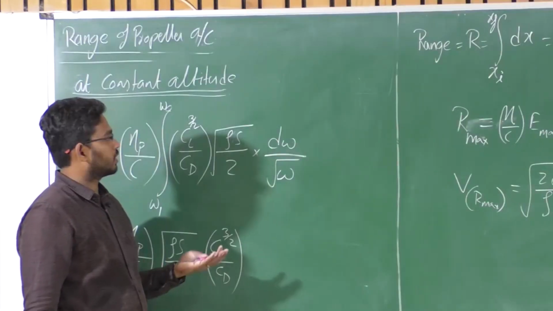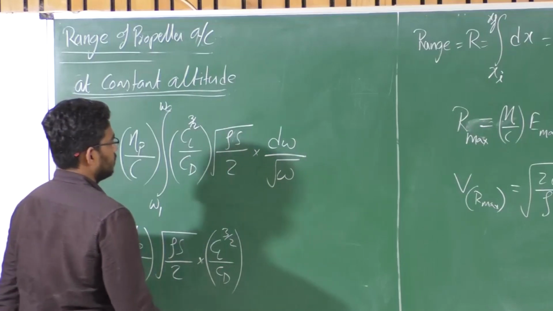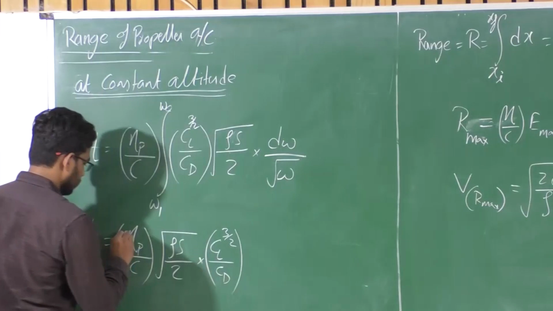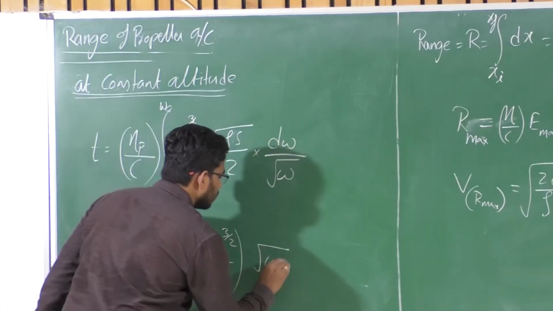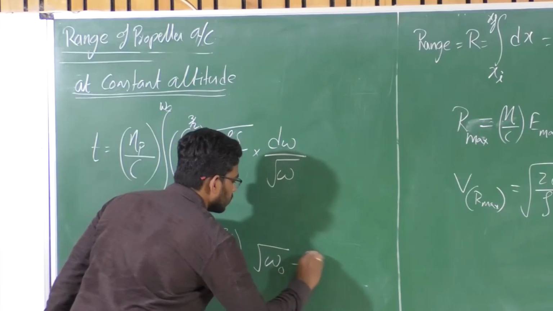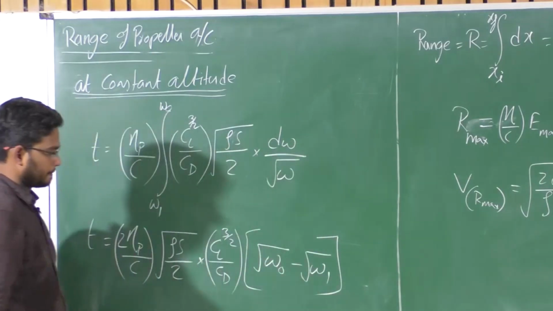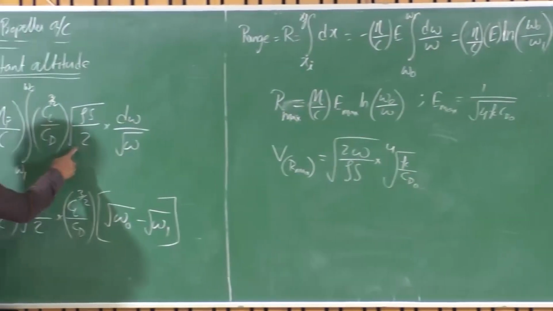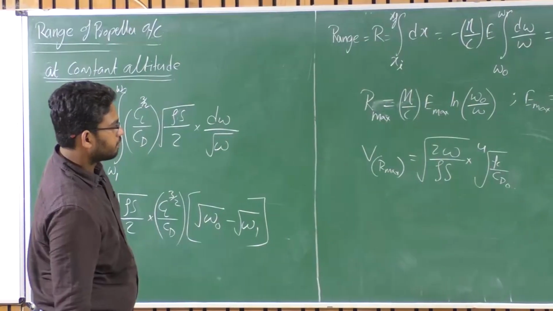So this is like x power root x, it will be 2 root x, right? Isn't it? 2 times root over W naught minus root over W1. Okay?